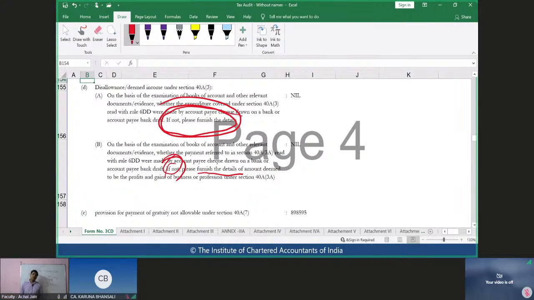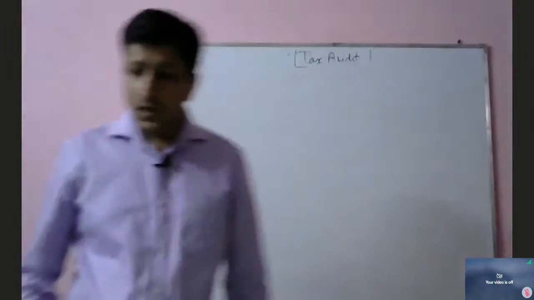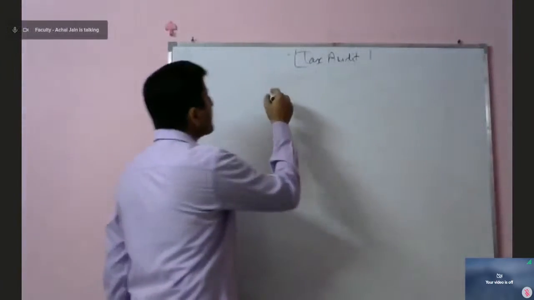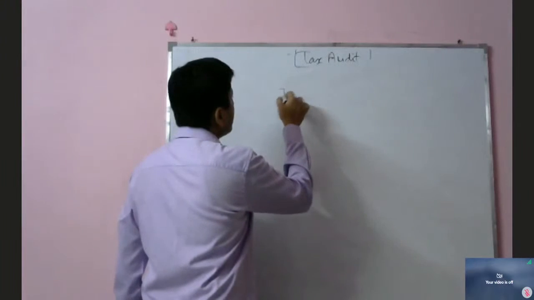Now let me give you one example around it, because all of you know about this provision. You can then think whether any of those clauses should be reported over here or not. So let's say in the cash ledger, there are 3 entries.